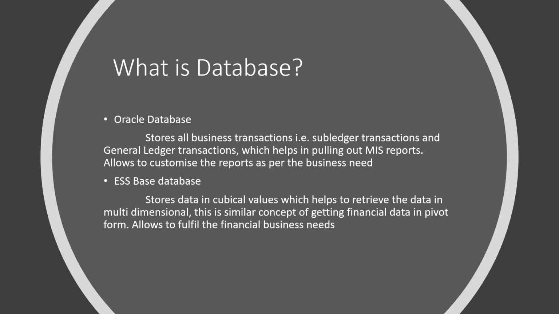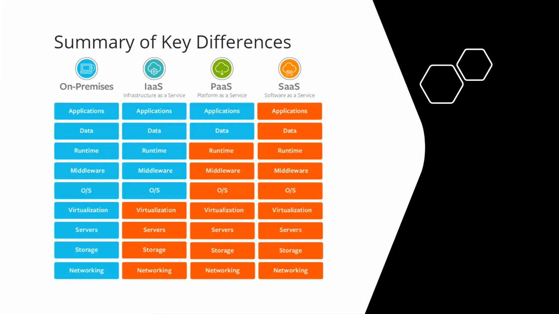Which is the most preferred by customers? Most prefer SaaS. But Indian customers mostly prefer the PaaS model, to have the customizations migrated to the Fusion application. You will see more implementations in other countries: the Middle East is picking up very well, and the US and Europe are picking up.